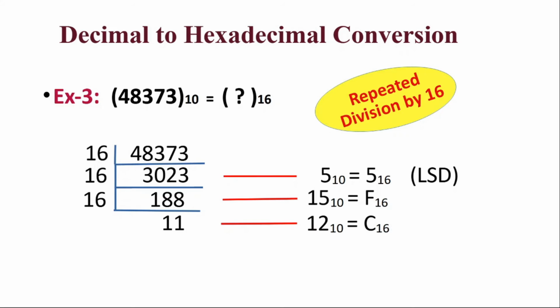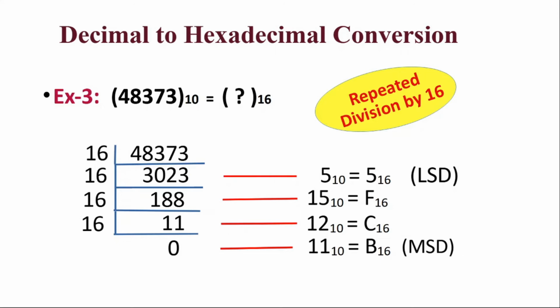This 12 in decimal system is equal to C in hexadecimal system. After this operation, we get the quotient equal to 0 and remainder equal to 11. This 11 in decimal system is equal to the B in hexadecimal system, and this B is the MST.